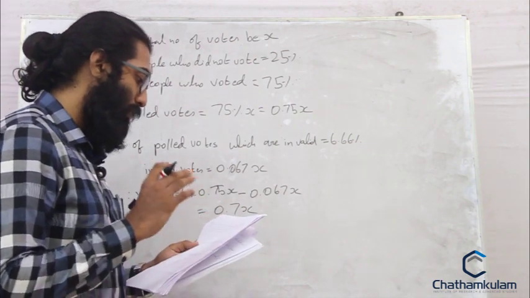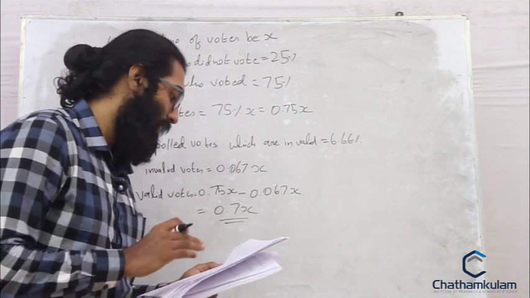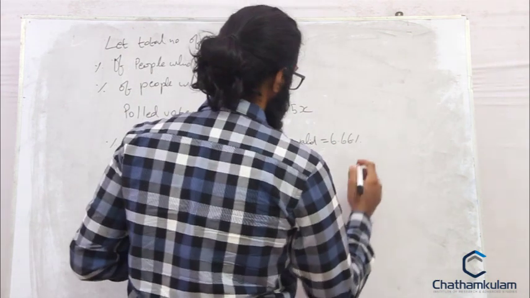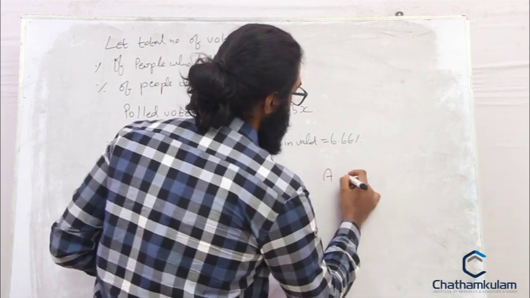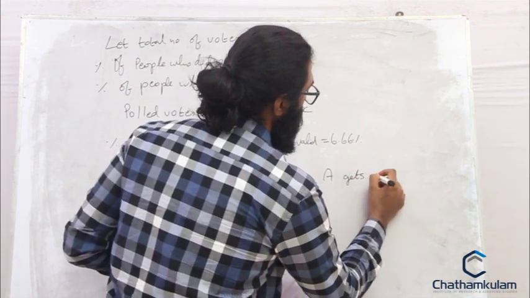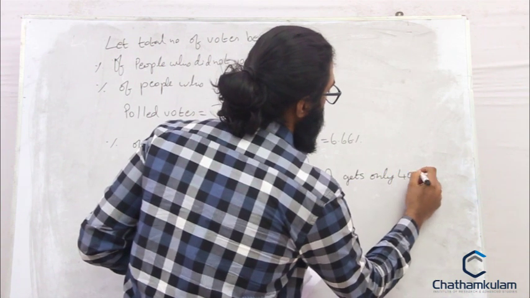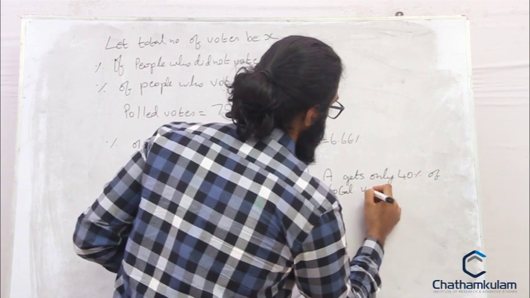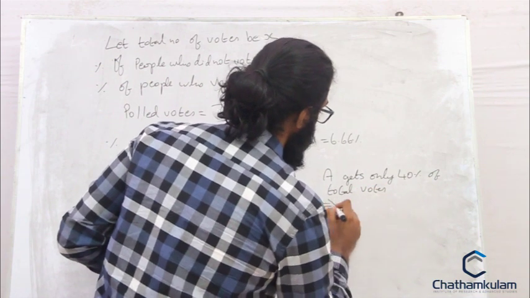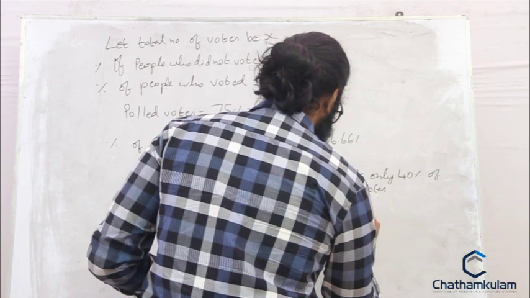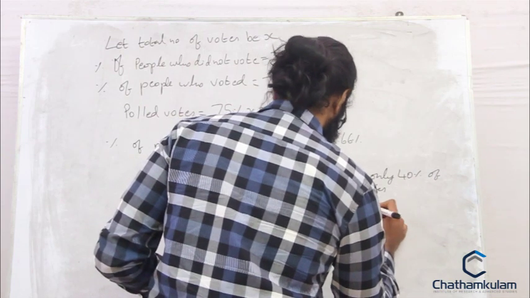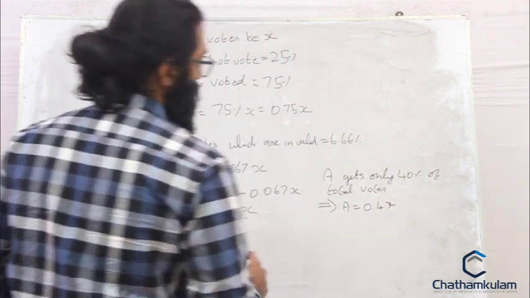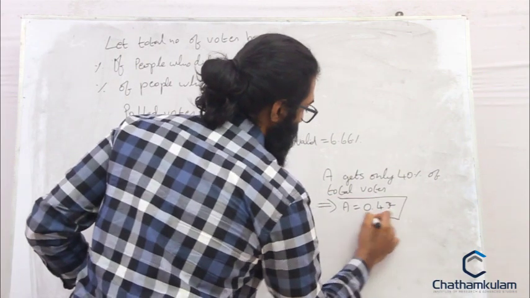Then what we have to find out in the question? If A got only 40% of the total votes, then who is the winner? I will write it here. A gets only 40% of total votes, which implies A equals 0.4x. This is what is given in the question.